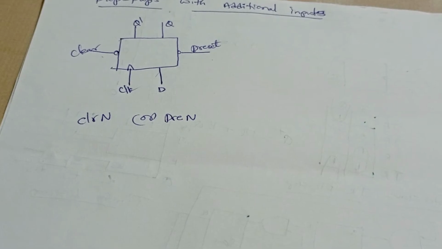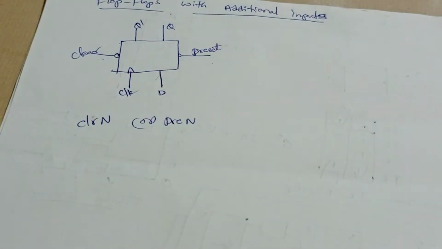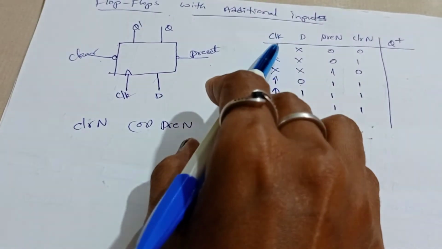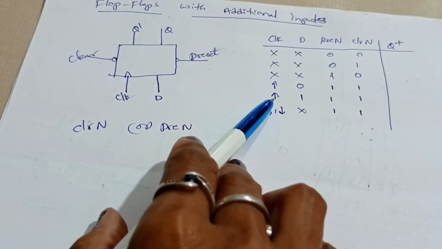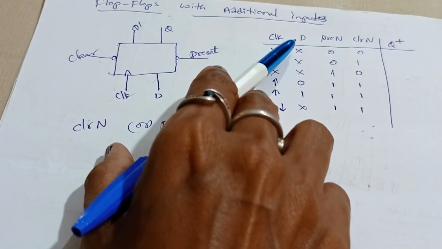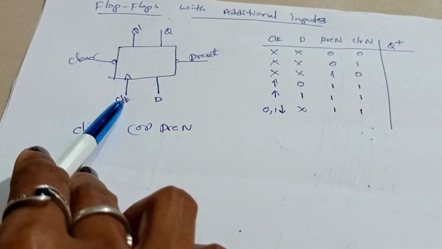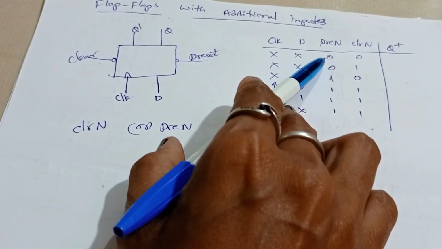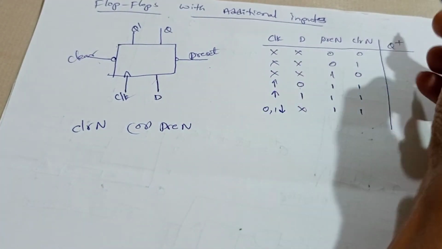Now we'll see the truth table. Clock: don't care, rising edge, falling edge. D: don't care, because it does not depend on the clock and input, only preset and clear. If both are 0 at a time, then it is not allowed.